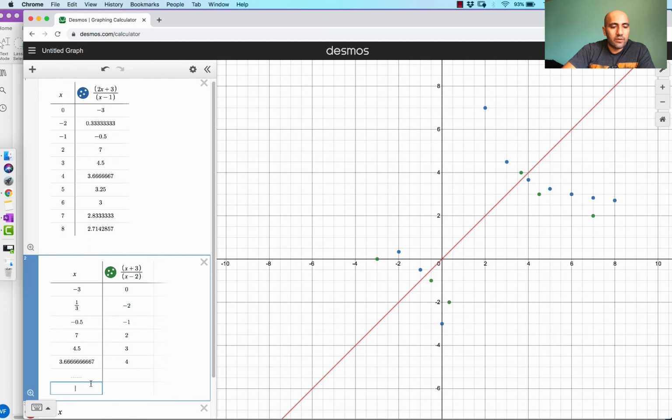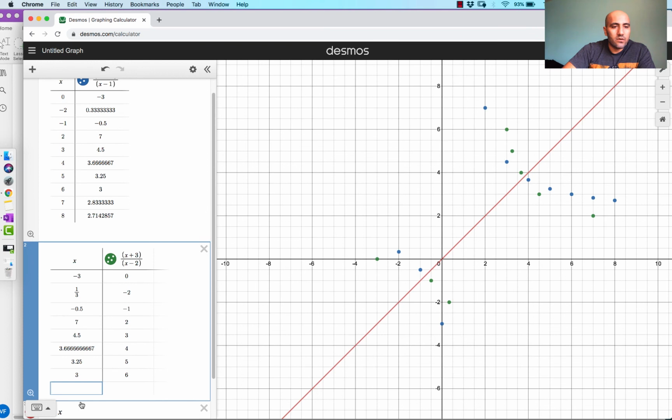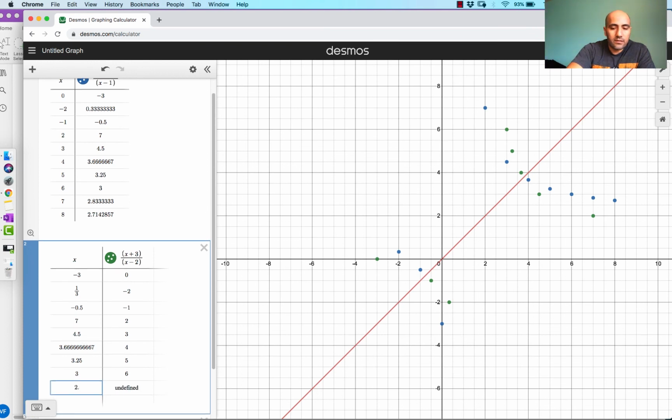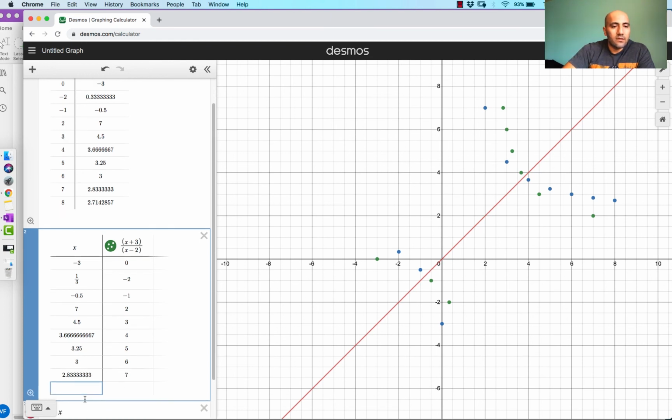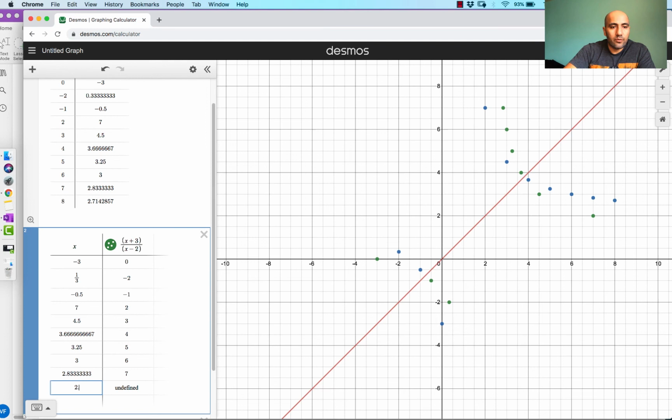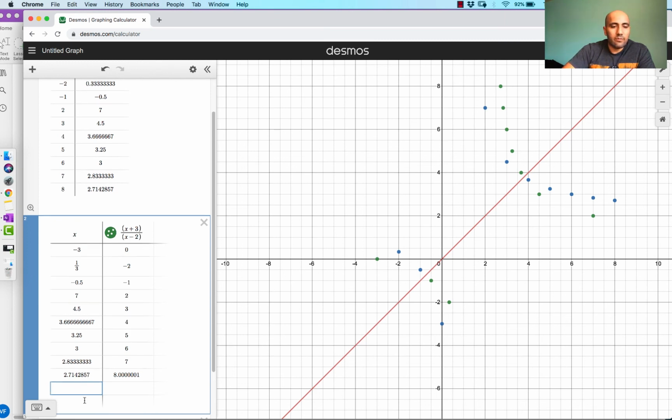And I know that 3.25 is going to lead to 5. And I know that 3 is going to lead to 6. And I know that 2.83 leads to 7. And I know that 2.714287-ish leads to about 8.